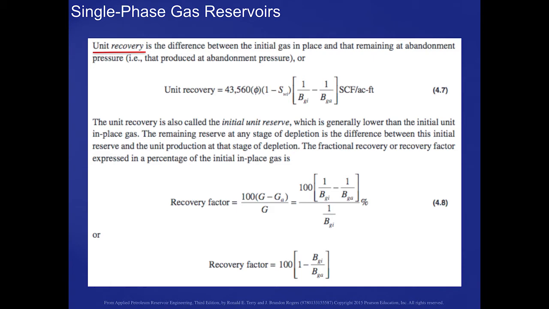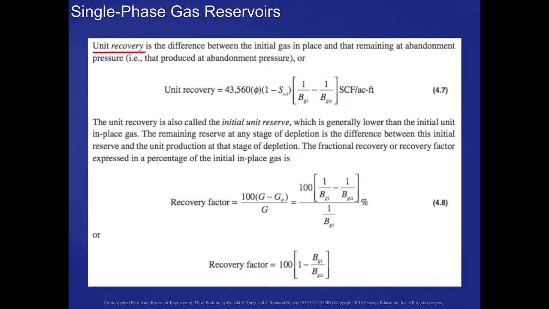Notice that it's just our constant 43,560, which is the number of square feet in an acre, times the porosity times 1 minus the water saturation, and then times the difference in the formation volume factors at the initial pressure and at the abandonment pressure.